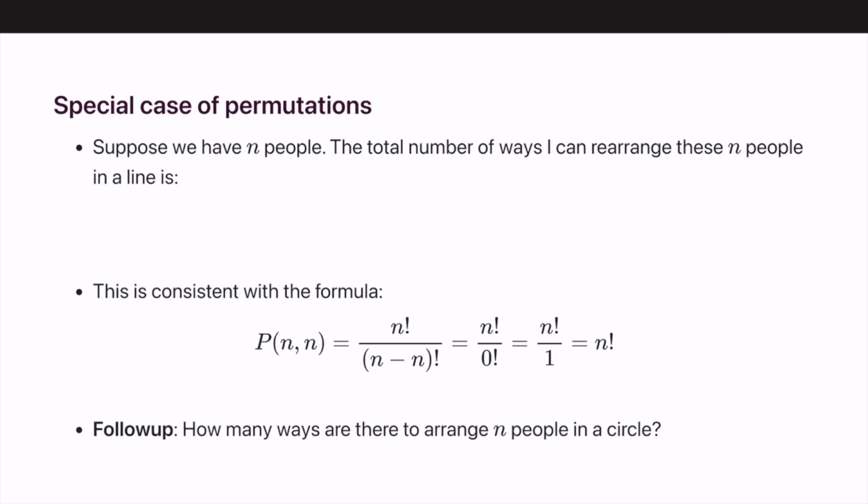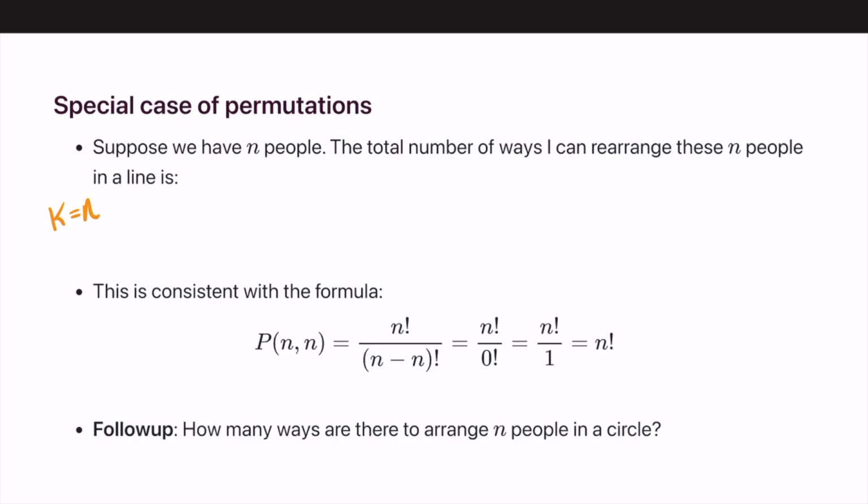Let's look at the special case of permutations where we have n people, and the total number of ways I can rearrange these n people in a straight line is. So to solve this, we're considering that in this case k equals n. So what does that mean exactly?